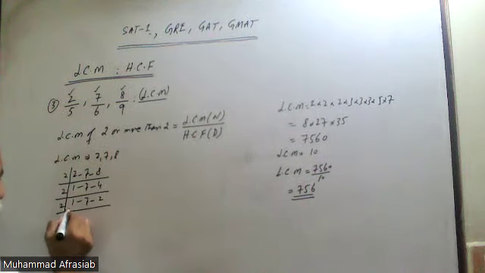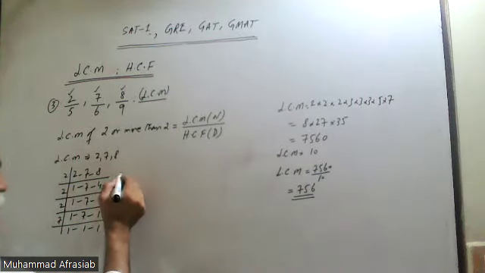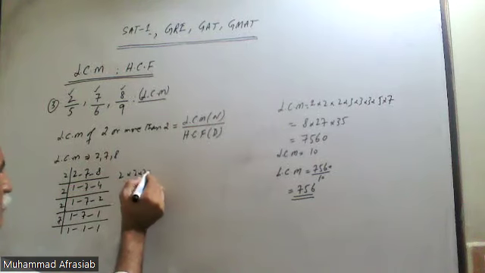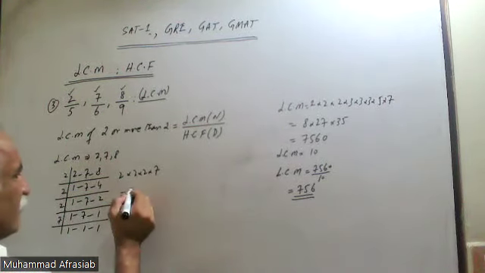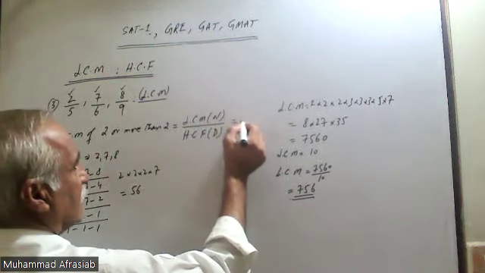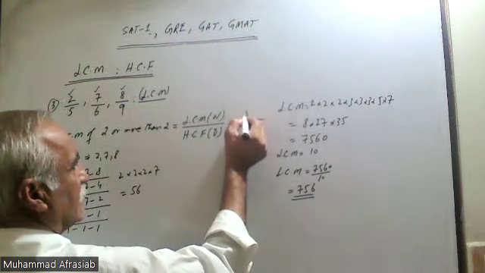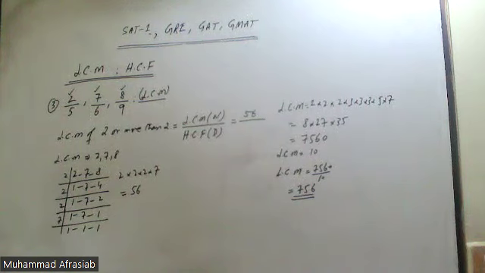And then 2 as it is, 1, 7, 1. And then 7 as it is, 1, 1, 1. So the LCM of the numerators is 2 into 2 into 2 into 7, which is equal to 56. So the LCM of the numerators is 56, divided by the HCF of the denominators.